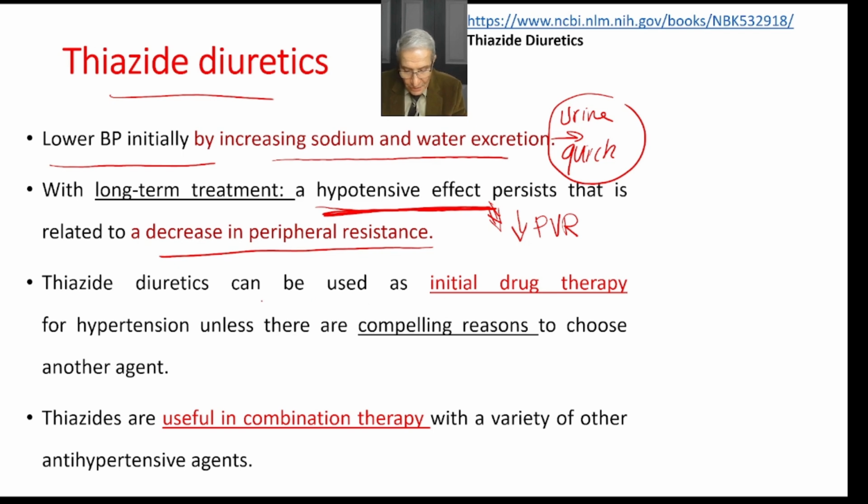The initial therapy: thiazide diuretic can be used as initial therapy for hypertension unless there is a compelling reason to choose another agent. So initial therapy, let me say, like we have a 55-year-old patient, everything normal with this patient, and the blood pressure 145 over 95, for example.